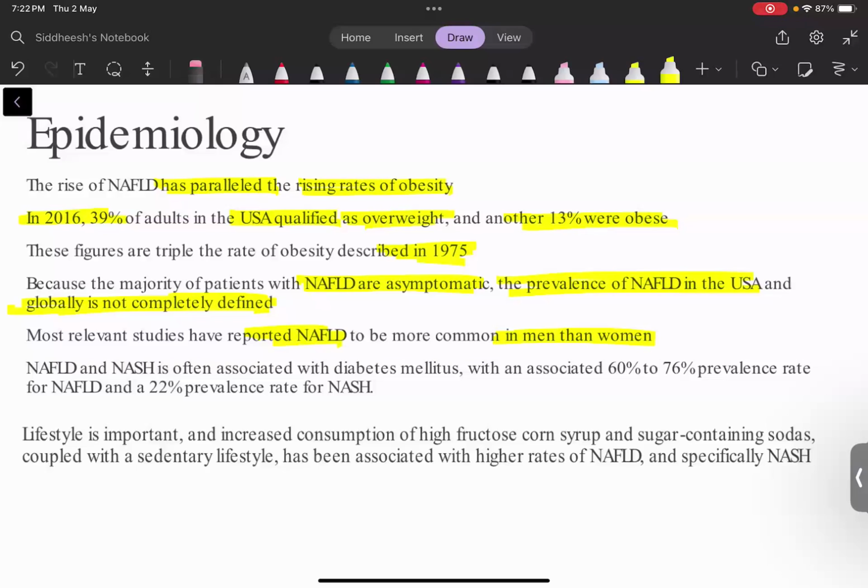Can someone answer me why more in men than women? Pushpendra? Najia? Anyone? Why are men developing more NAFLD than women? Smoking, not that much related. Enzyme metabolism, not that much.